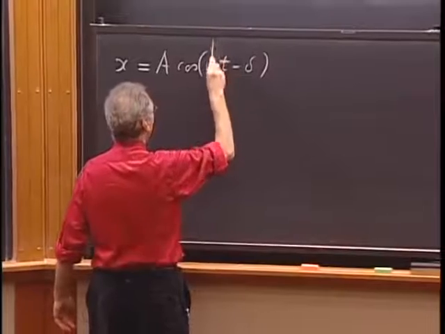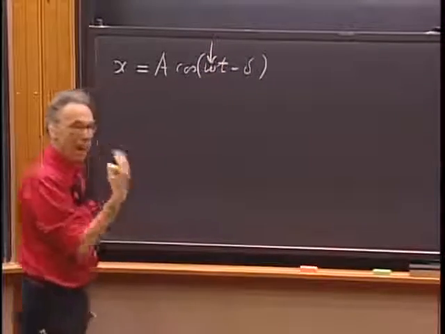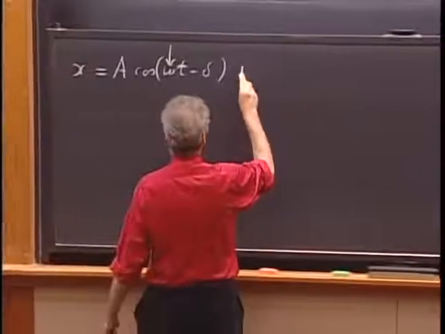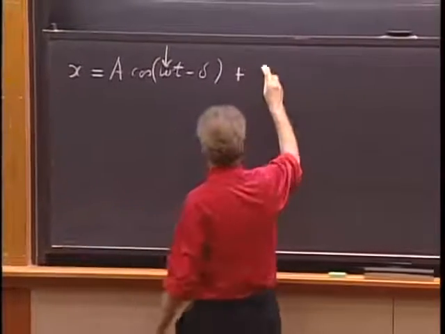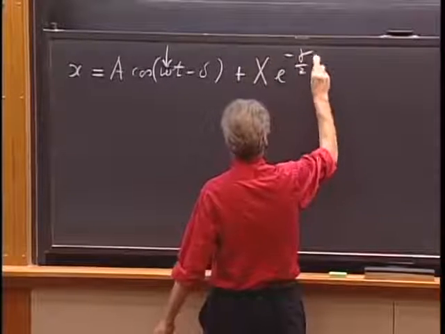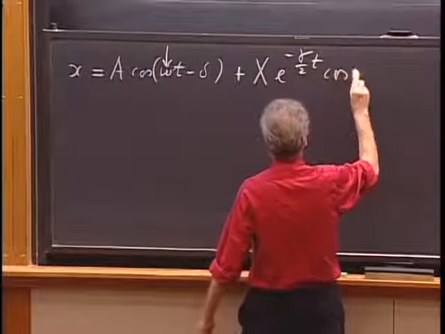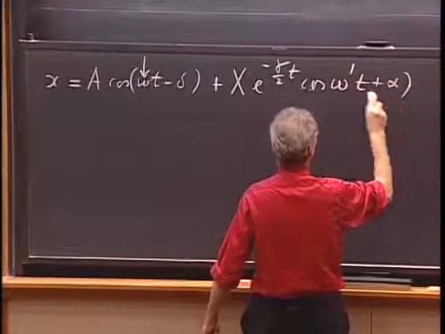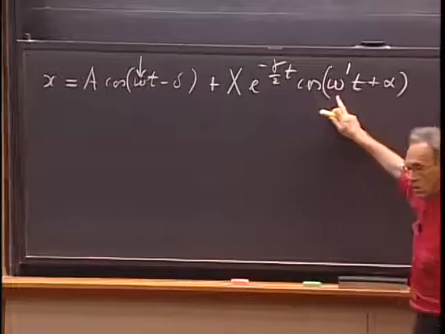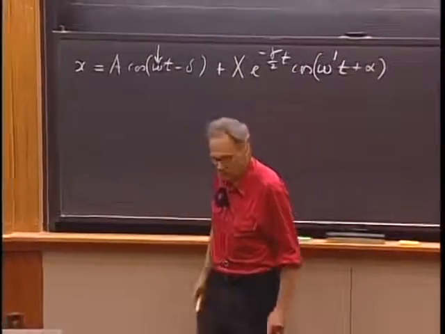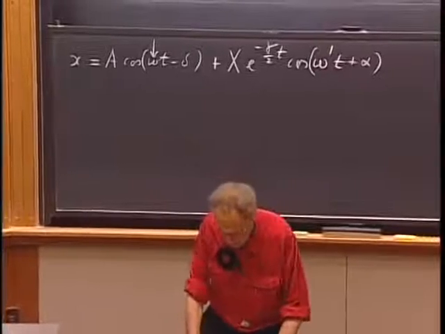This is my omega, that is Walter Lewin's omega, plus x times e to the minus gamma over 2 times t times cosine(omega prime t plus alpha). And this is the omega of the oscillator, and this is my omega. They are two different omegas.